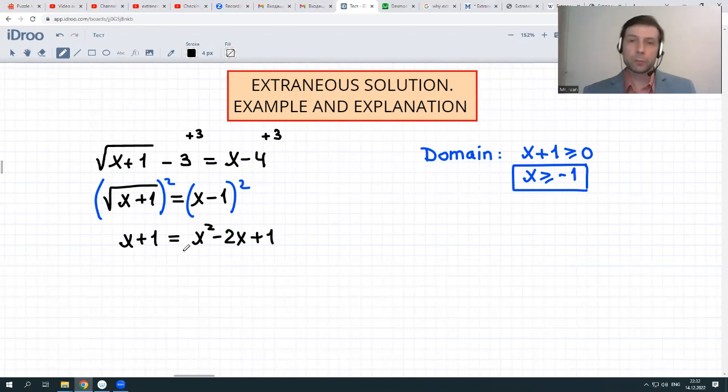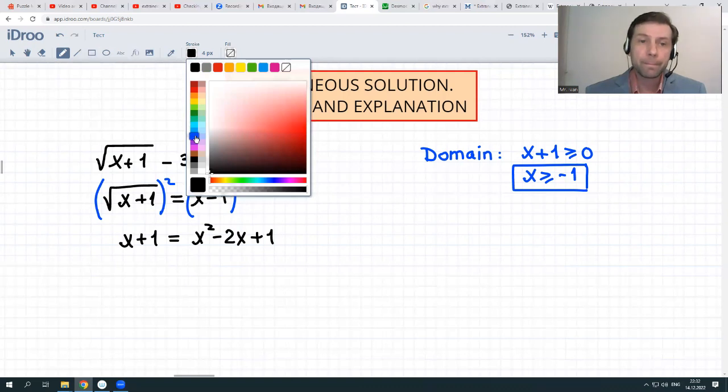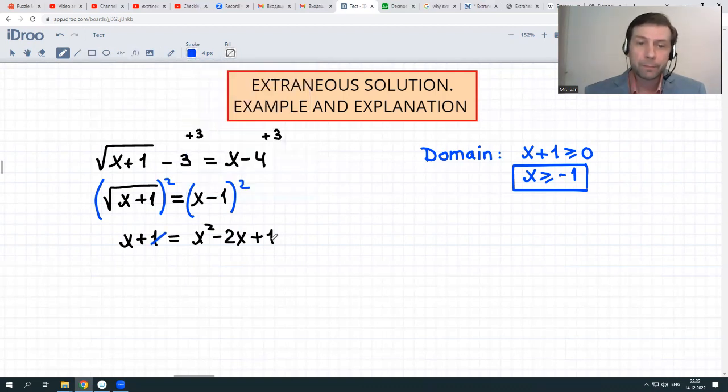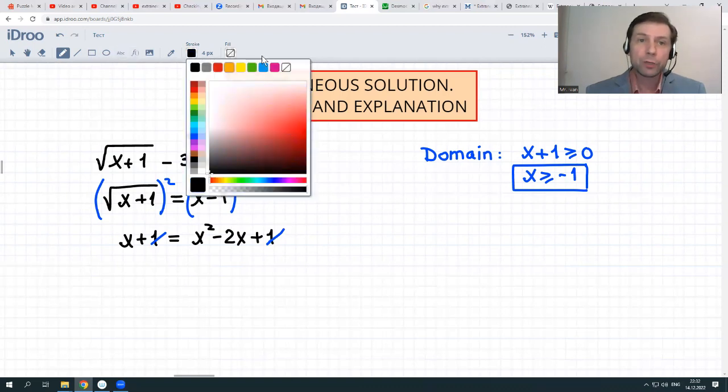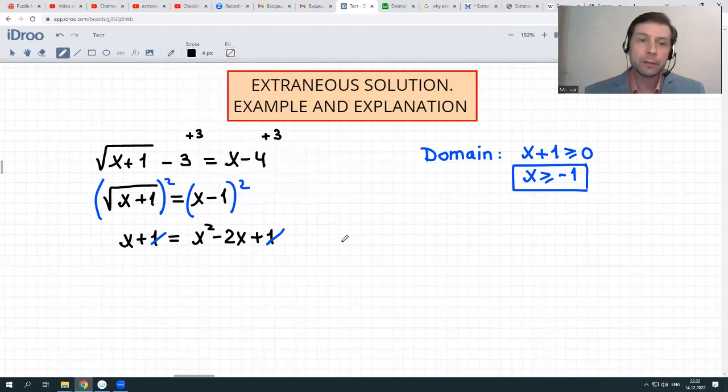Now you see that plus 1 we have on both sides, and if we subtract 1 from both sides, they cancel out. Our new equation, simplified, is rather simple and nice: x squared minus 2x minus x, which is minus 3x, is equal to 0.